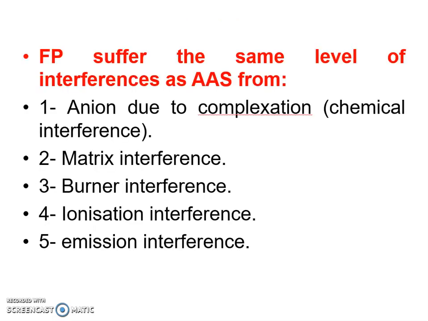Friend, flame photometers suffer the same level of interference as AAS: anion interference due to complexation, matrix influence, burner interference, ionization interference, and emission influence.